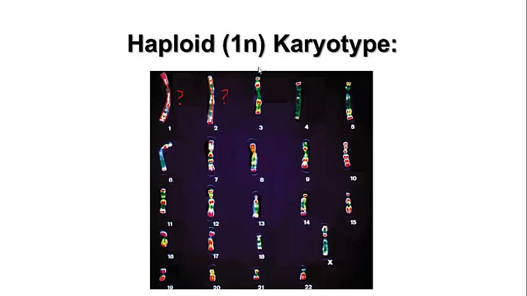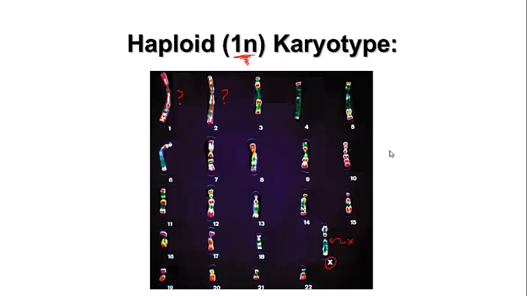So how many chromosomes do we have in total? Well, it's just 1 times the number of types of chromosomes that we have, and let's see, we have 1, 2, 3, 4, 5, 6, 7, 8, 9, 10, 11, 12, 13, 14, 15, 16, 17, 18, 19, 20, 21, 22 distinct types of autosomes, and then 1 distinct type of sex chromosome. In this case, it is the X chromosome, for a grand total of 23 different types of chromosomes.